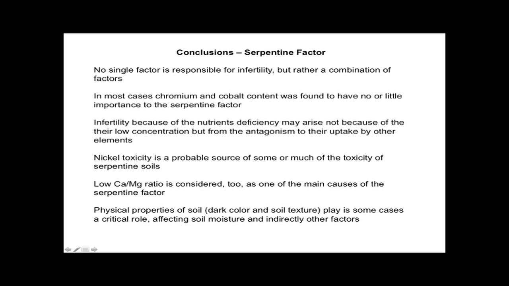On the other hand, infertility because of nutrients may arise not because of nutrients low concentration in the soil, but from their antagonism to their uptake by other elements. And nickel toxicity is also a probable source of some or much of the toxicity in these soils. And also important has been found in many studies the low calcium to magnesium ratio.